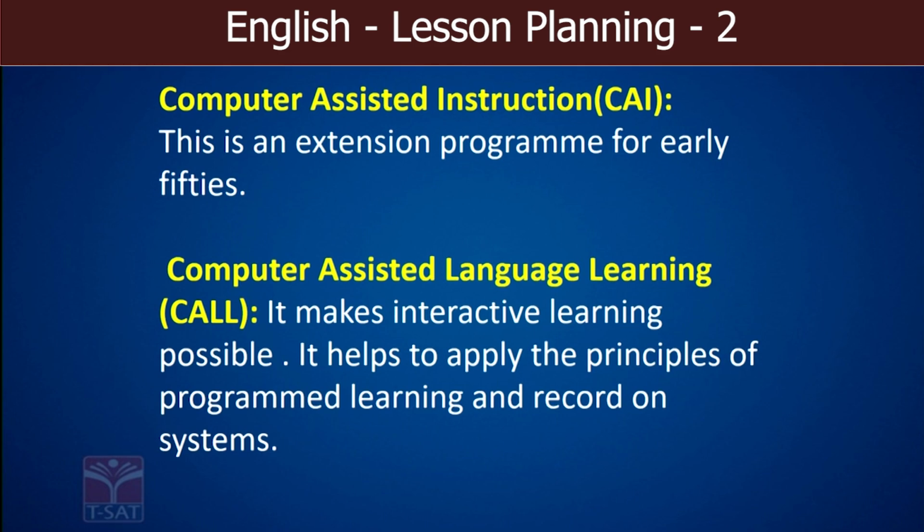In CAI we give a program to the learner, whereas computer assisted language learning makes the learning process interactive and helps apply the principles of programmed learning and record on the system. Once the program is recorded on the system, whenever the student wants to learn, they can access those recordings.